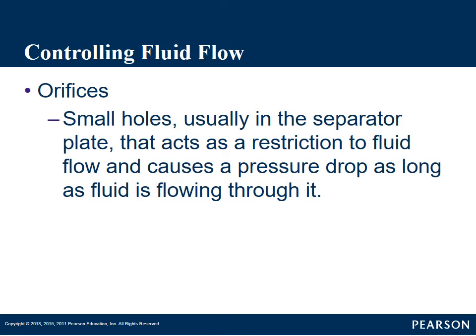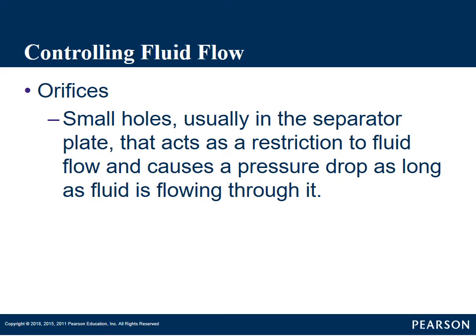So we know on our check valves, those are meant to help control fluid flow, blocking holes and opening holes depending on the flow of the fluid. And that brings us to our orifices, these holes that are in our separator plate that act as restriction to fluid flow. When we restrict fluid flow, we get a pressure drop as long as fluid is flowing through it.